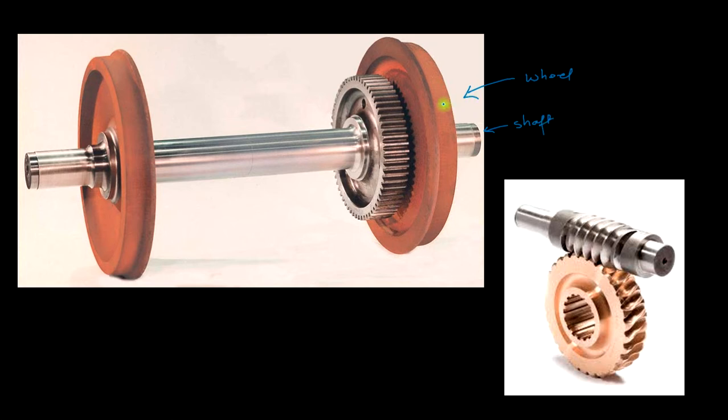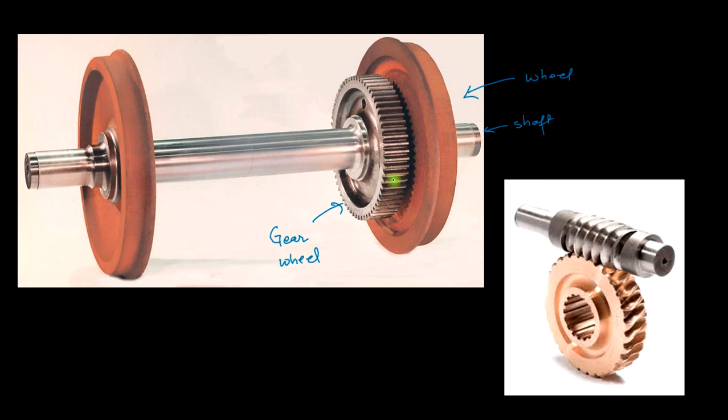That is, the wheel is getting its mechanical energy from the shaft, and further the shaft is attached to the gear wheel. This is the gear wheel, which is responsible to deliver mechanical energy to the shaft, and the shaft further delivers mechanical energy to the wheel.